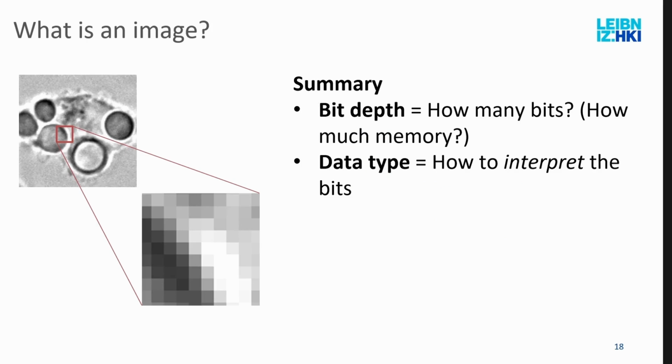So to quickly summarize, because this is a bit of a weird concept, thinking differently about images and how they are stored: the bit depth in general is how much memory I have available for each single pixel, and then the data type, let's call it that, is how we interpret it.